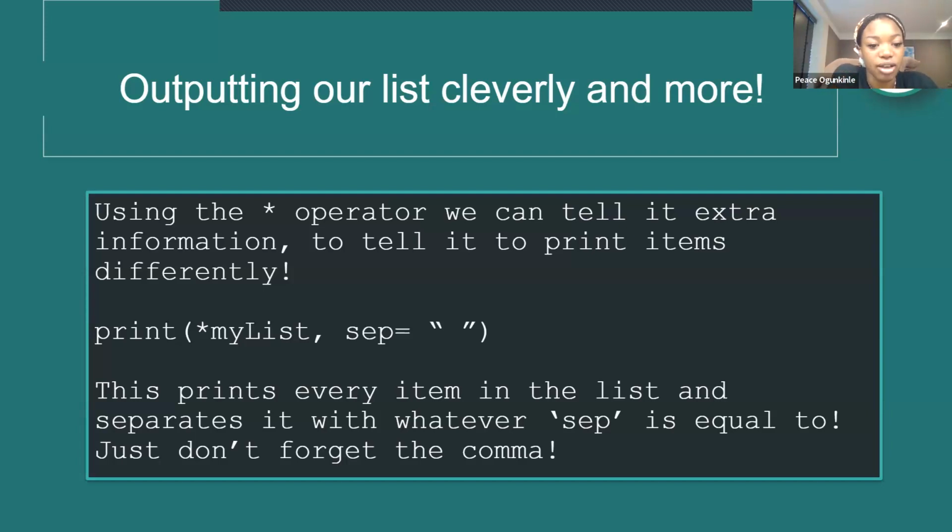So in this example, you have sep, which is short for separator. So how you're going to separate each item in the list, and you have a space. Next slide, please.